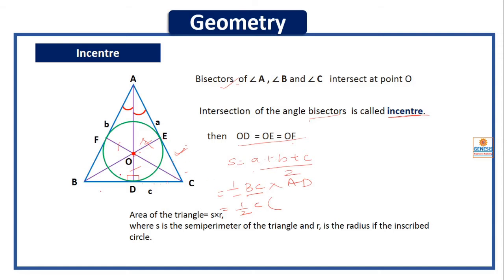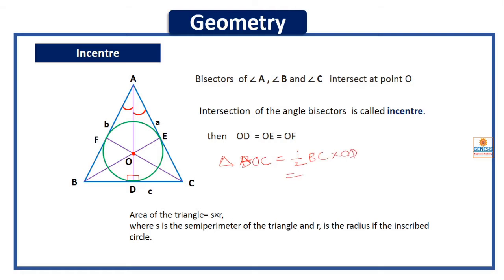Instead of finding that, you can simply use another approach. For triangle BOC, the area is equal to half BC into OD.